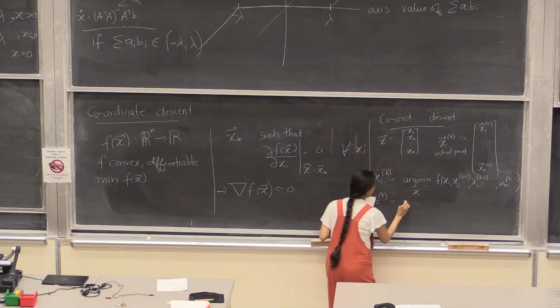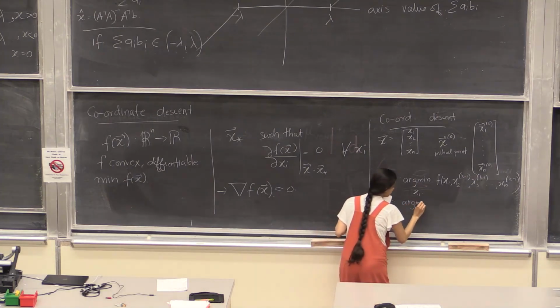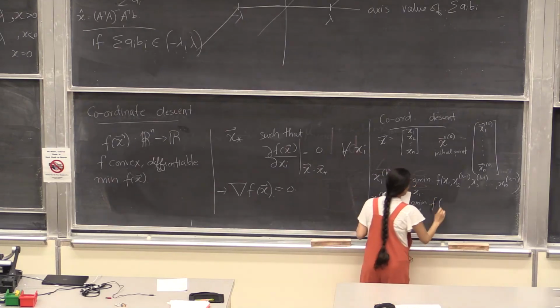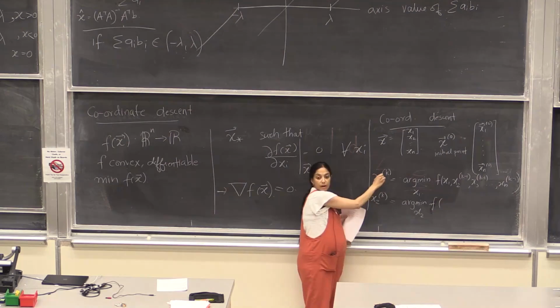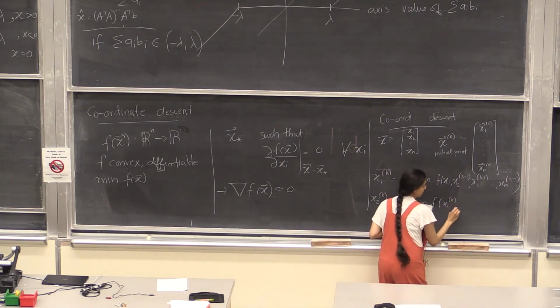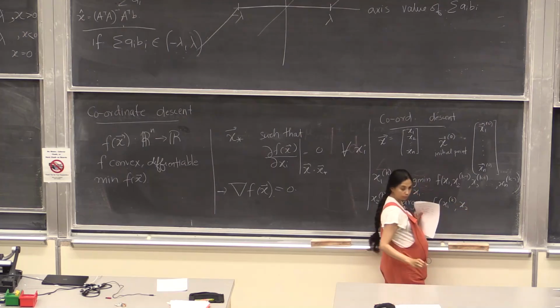To find x2 of k, I'm going to take argmin over x2 of f. I substitute my newly found value of x1, x1 to the k, and I optimize over x2.